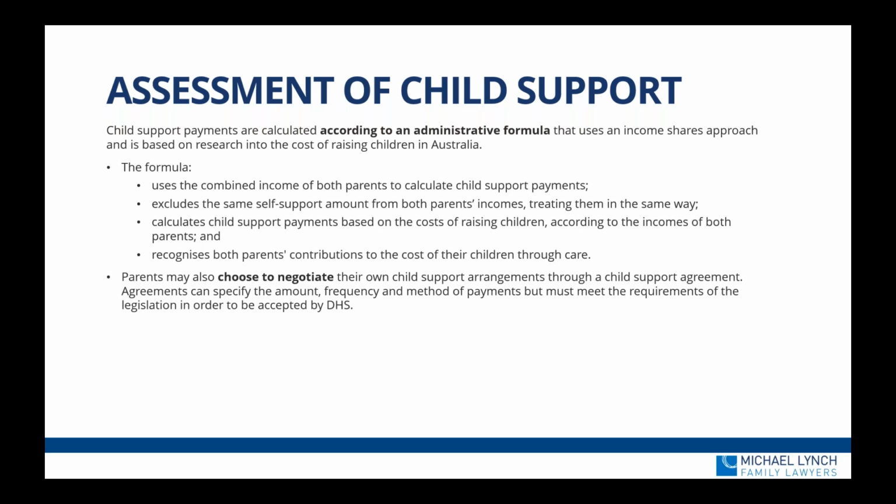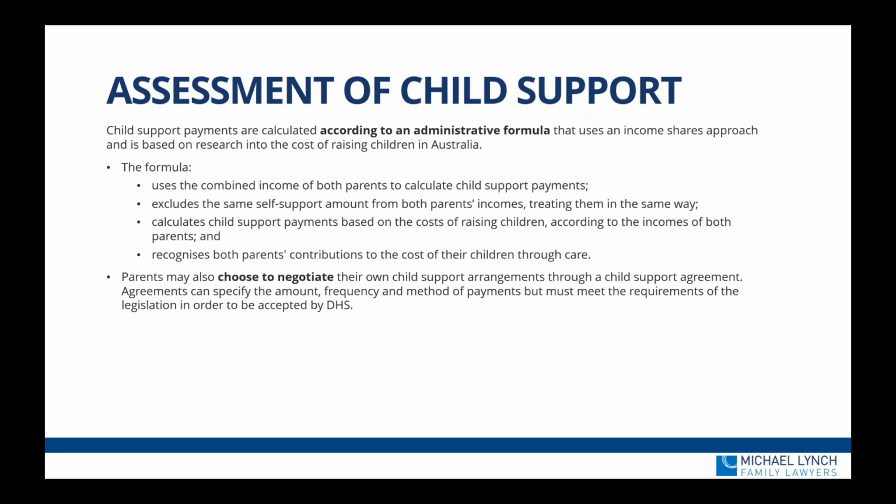So the basic formula involves 8 steps. The first is working out each parent's child support income. So they calculate each parent's child support income based upon the adjusted taxable income minus a self-support amount and any relevant dependent allowance. These are all set out in the Parents' Guide on the Department of Human Services website.